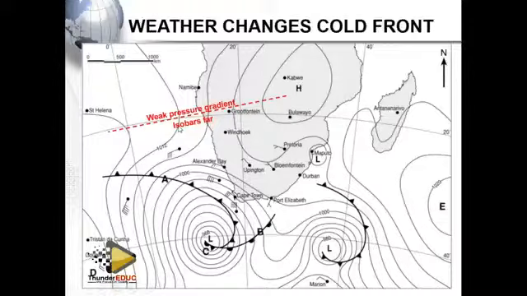The isobars are spaced far away from each other. Because the isobars have a very big space between them, it means the pressure gradient is weak. But when they are so close, we say it is a steep pressure gradient, because the isobars are so close to each other.